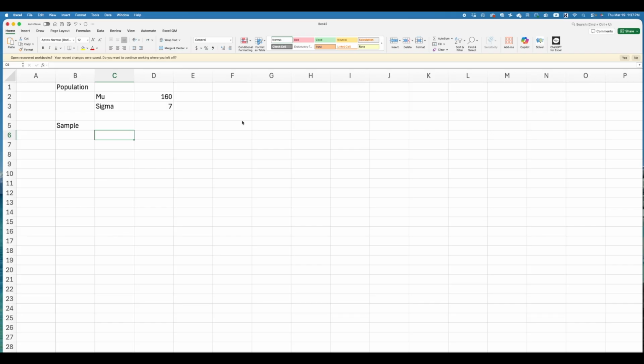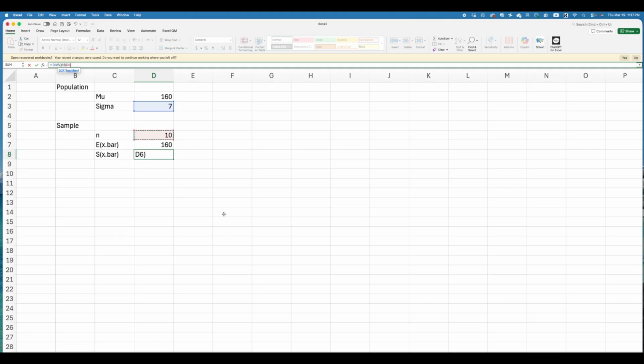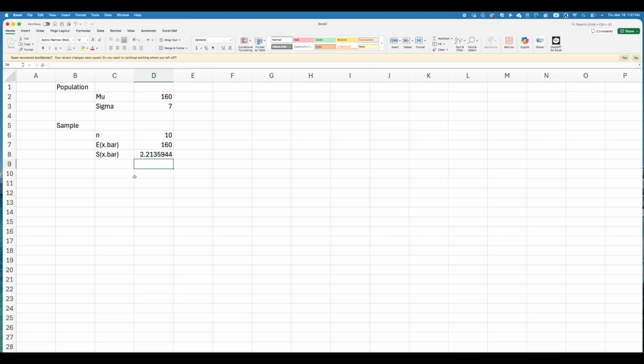That sample mean E of x bar is the same as the mean, or mu, and S of x bar, or sigma sub x bar, is equal to 7 divided by the square root of n, where n is 10. So I can write down n here too, sample of 10, and then put it in that function too. So instead of 10, I choose this cell, 2.21.